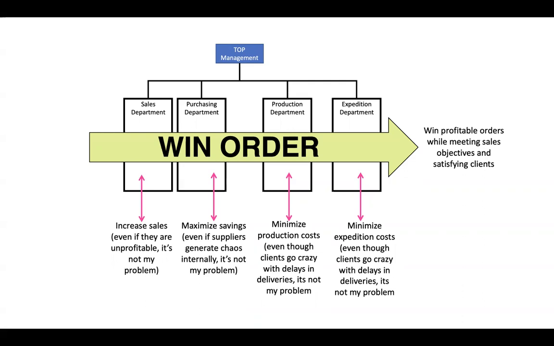To be profitable, we must pick the right customers. To be profitable, we must buy at a good price. To be profitable, we must take care of production costs, and we must take care of expedition costs. But at the same time, we want satisfied clients.